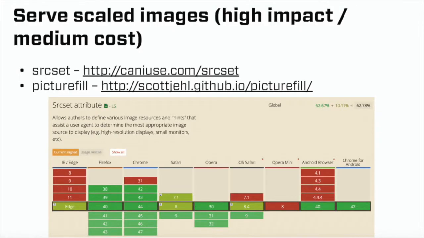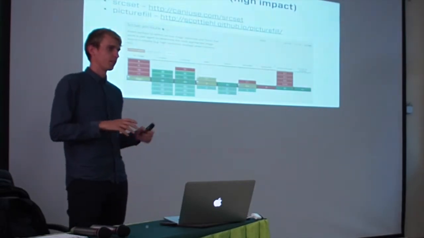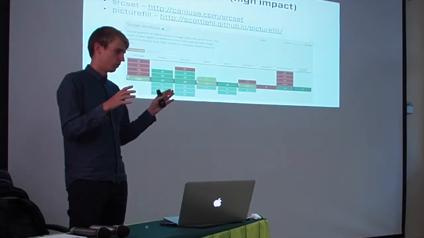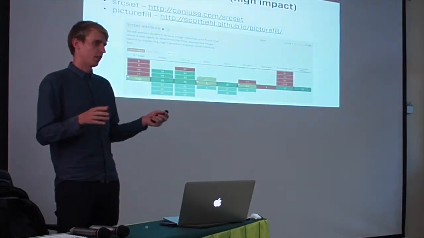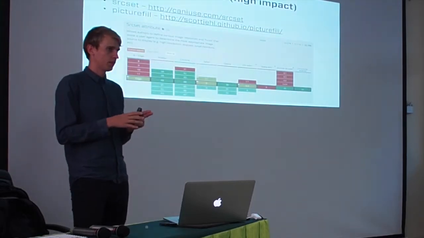Next thing is serving scaled images. What this means is, when you have a responsive website, you have the same image on the desktop version and the mobile version, and it's way too big for mobile.